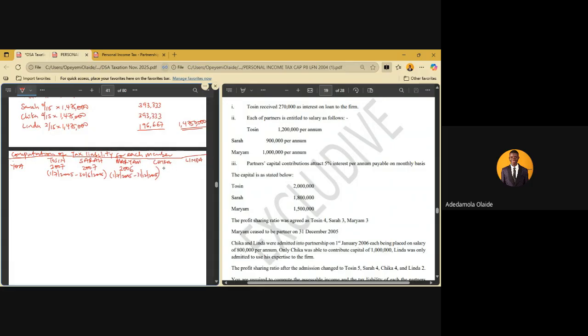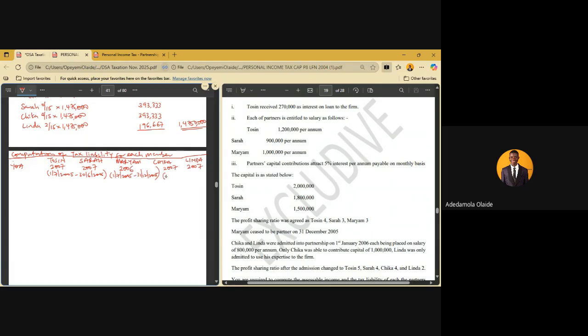For Chika and Linda, they are just commencing, so we'll use the commencement rule. The commencement rule is that we start charging them the year succeeding the year they make their first account. So that's why we have it this way.